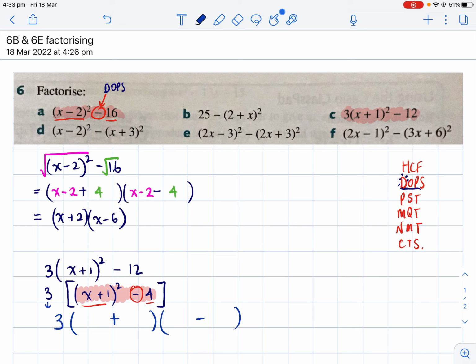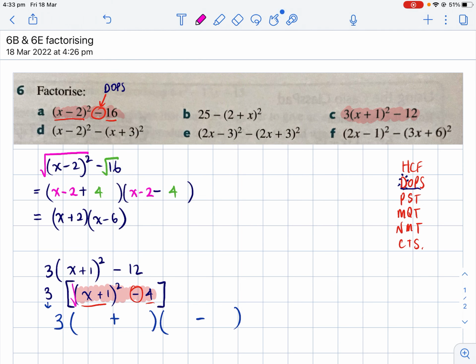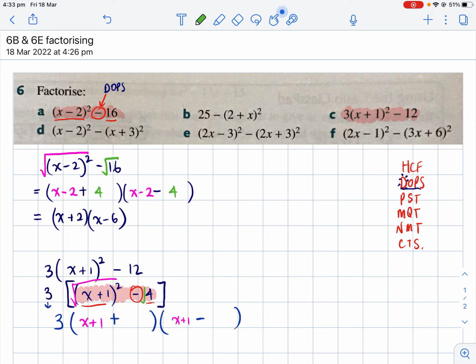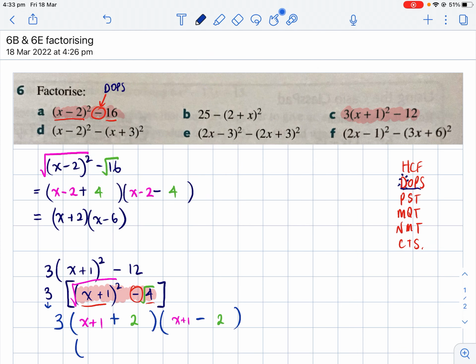Now take the square root of the first part. It goes into the first slot. Take the square root of the second part, it goes into the second spot, and then tidy up my algebra. I have positive 1 and positive 2, which becomes plus 3, and I have a plus 1 and a minus 2, which becomes a minus 1.